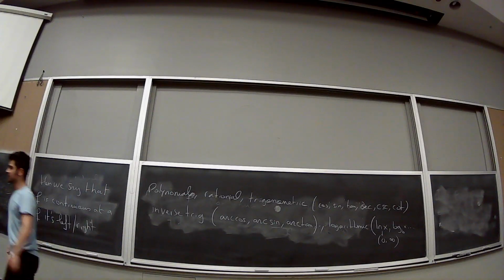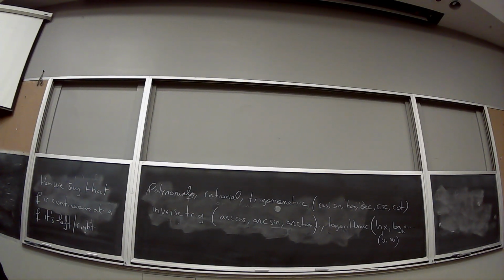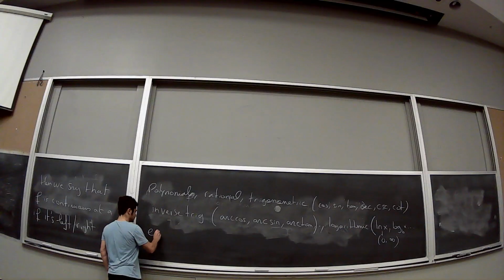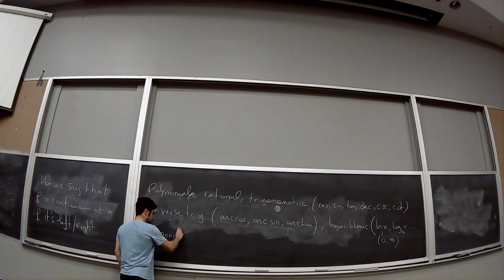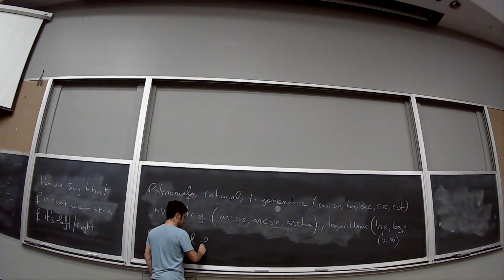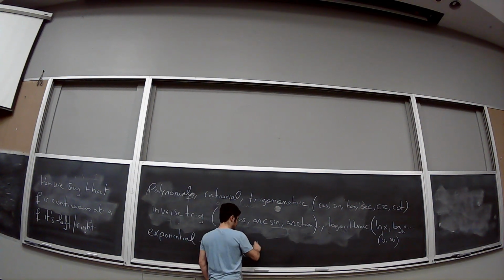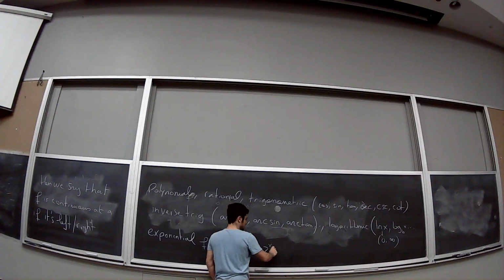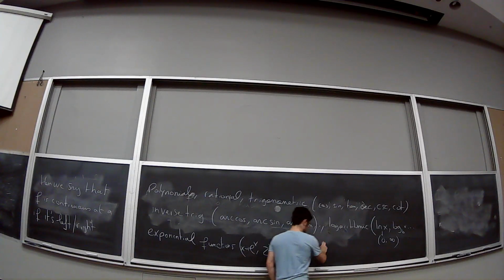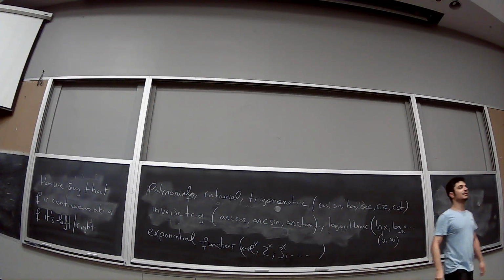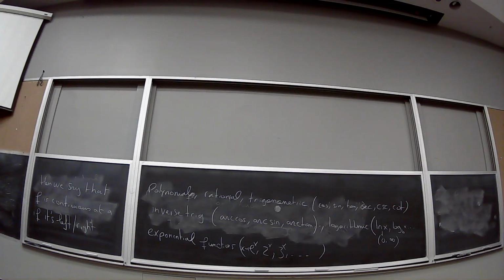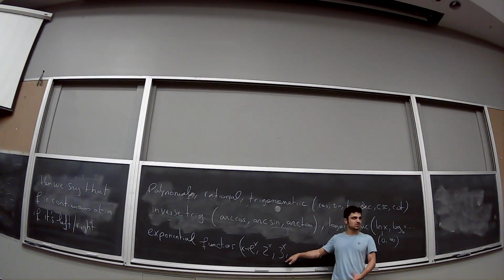Inverse trig, I don't know if the book mentioned something else. Oh, exponential functions. So, for example, e to the x, 2 to the x, 3 to the x, and so on. Where are these defined? Have you seen how we define e to the x?